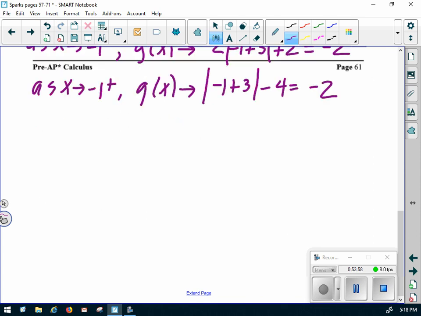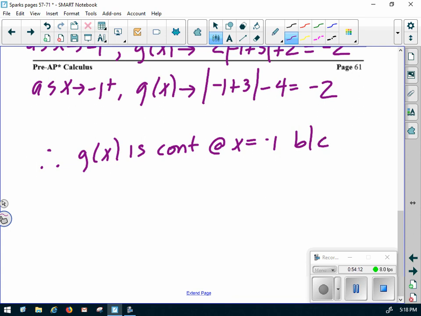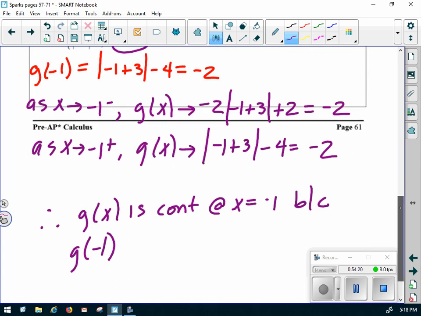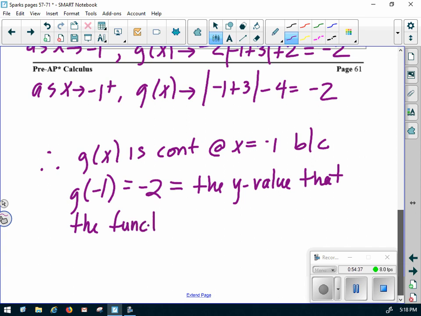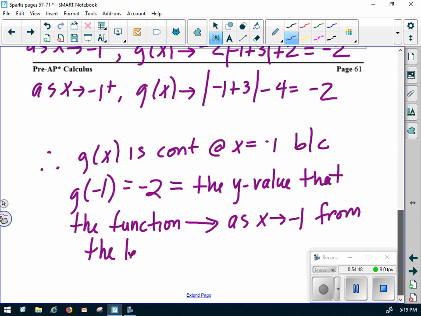So here's what we're going to say. Therefore, you ever seen therefore written like that? g of x is continuous at x equal -1 because g of -1 equals -2, which equals the y value that the function approaches as x approaches -1 from the left and the right.